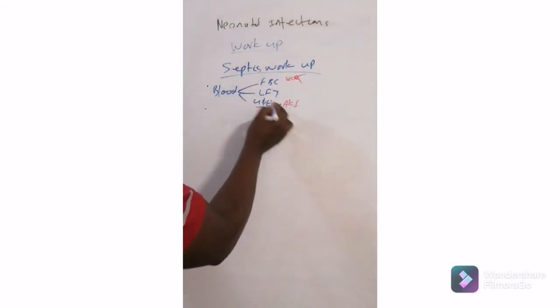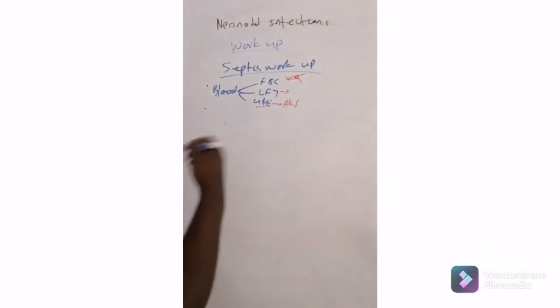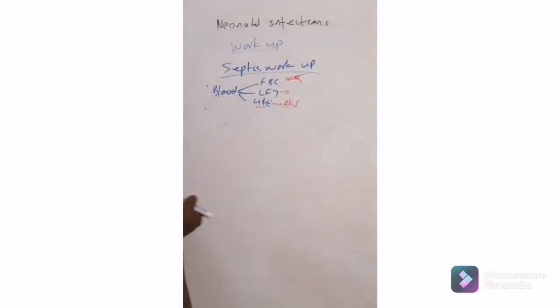So this is not really to screen for the infection, but to look at the hydration status and also the involvement of the kidneys of the neonate. LFTs, some will come with jaundice, so you want to look at what's happening there.